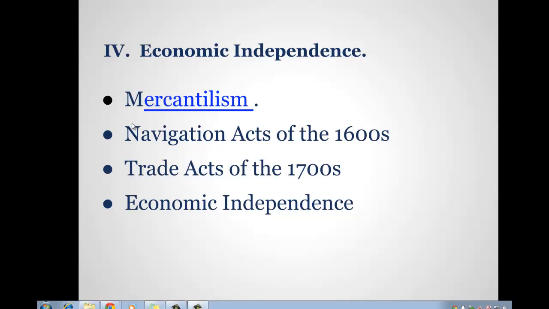Now, what's important to understand about these laws is, one, what they were there for. They were there to enforce the economy of mercantilism, but more importantly, they were largely ignored, right?